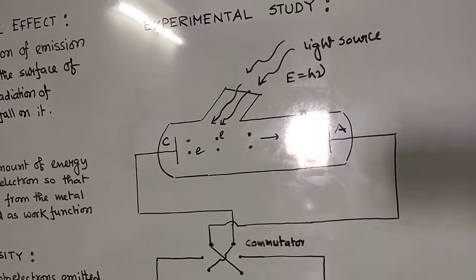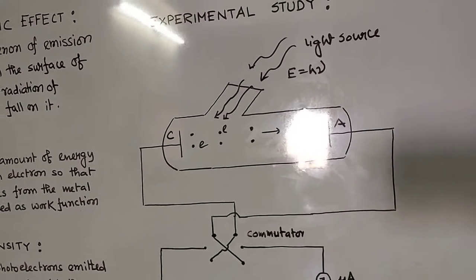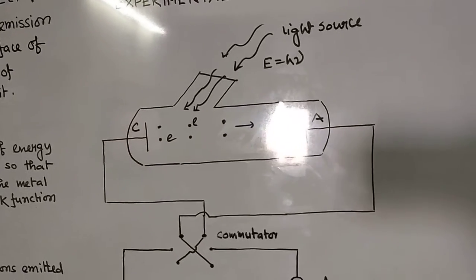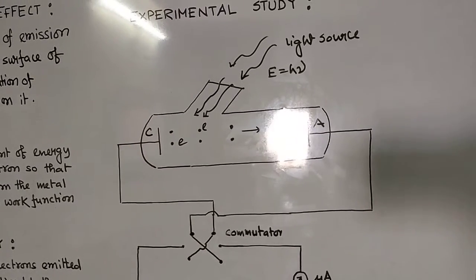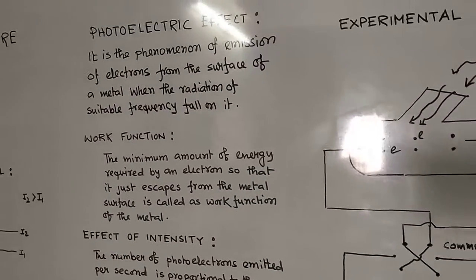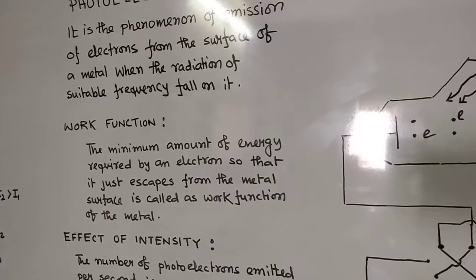So the energy of the incident light must be more than the work function of the cathode. If it is, then the electron will come out. Otherwise the electron will not come out and you will not get the photocurrent. So of the few terms, work function is very important.